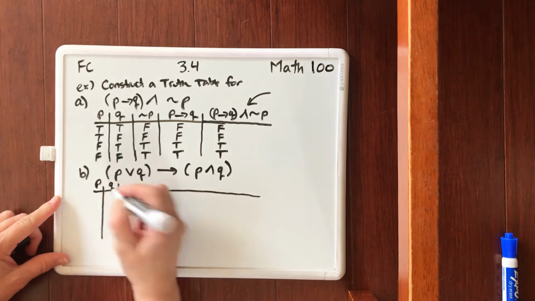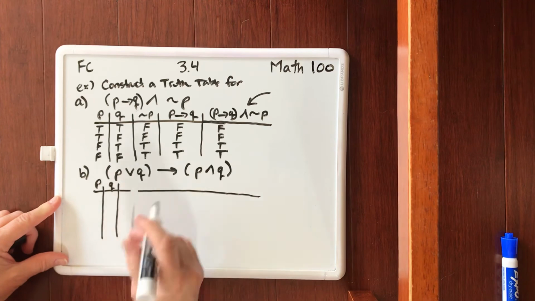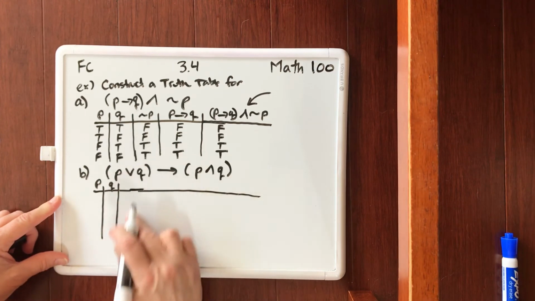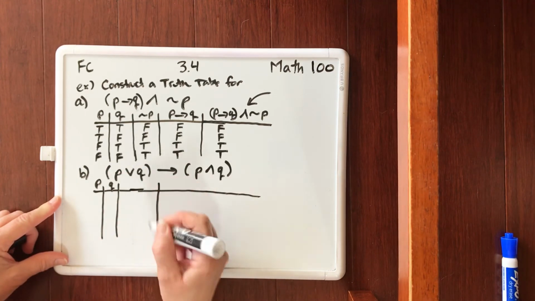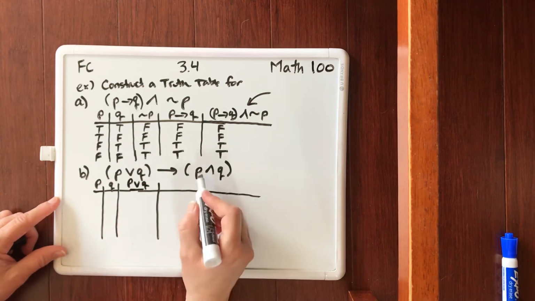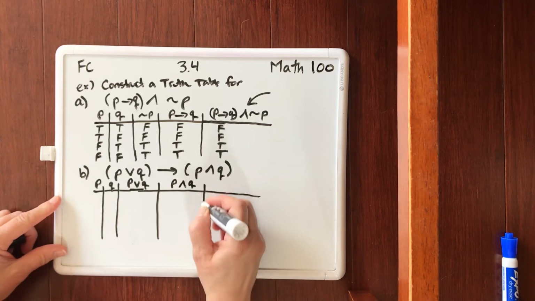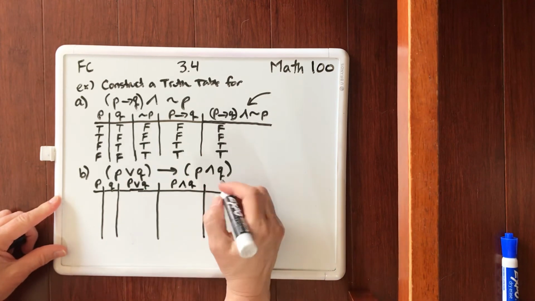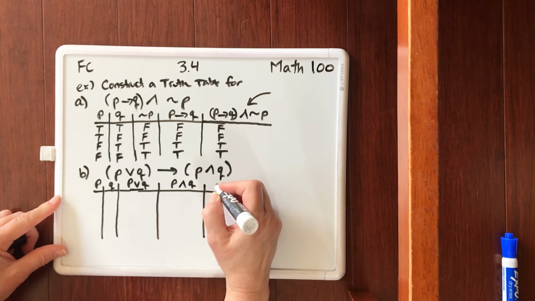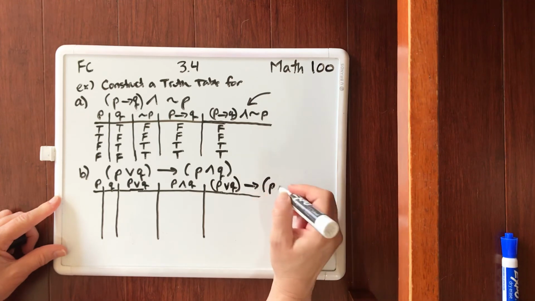We have our Q. I think I need to make this bigger because we have a P or Q. So this is going to be P or Q, and this is going to be P and Q. And then this last one is going to be the actual conditional statement: if P or Q, then P and Q.